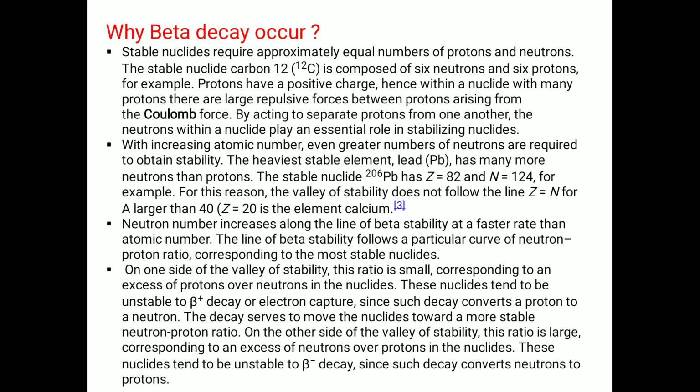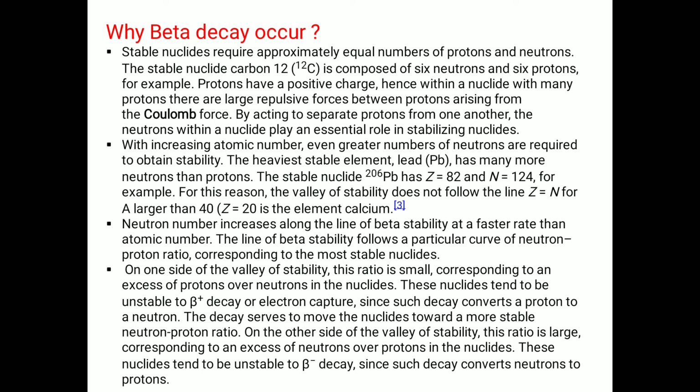That's why, due to the Coulomb repulsive force trying to separate the protons from one another, the neutrons within a nuclide play an essential role in stabilizing nuclides. Means as the proton number increases, we have to increase the neutron number also, and then only that nuclide can be stable.